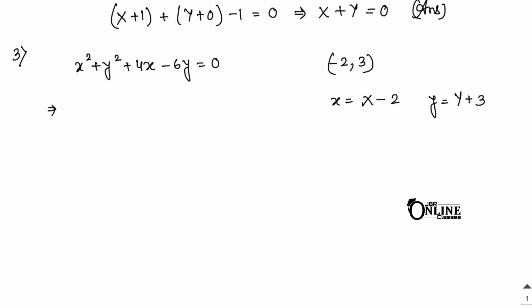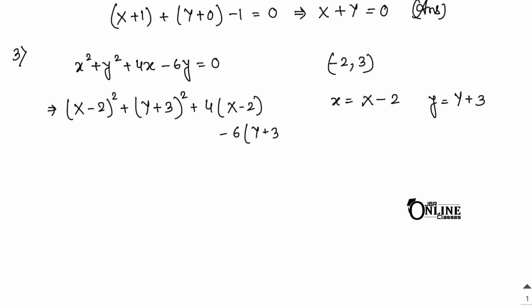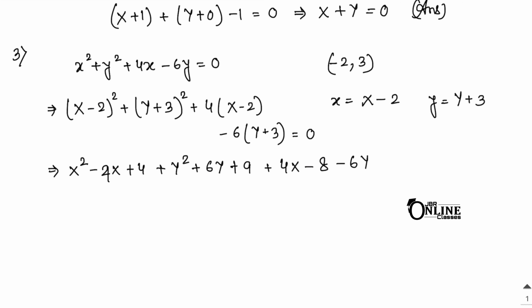Now just replace the values, so it will be capital X minus 2 whole square, in place of y it will be capital Y plus 3 whole square, then 4 into capital X minus 2, then minus 6 into capital Y plus 3, equals 0. So capital X square minus 4X plus 4, next Y square plus 6Y plus 9, then 4X minus 8 minus 6Y minus 18 equals 0.